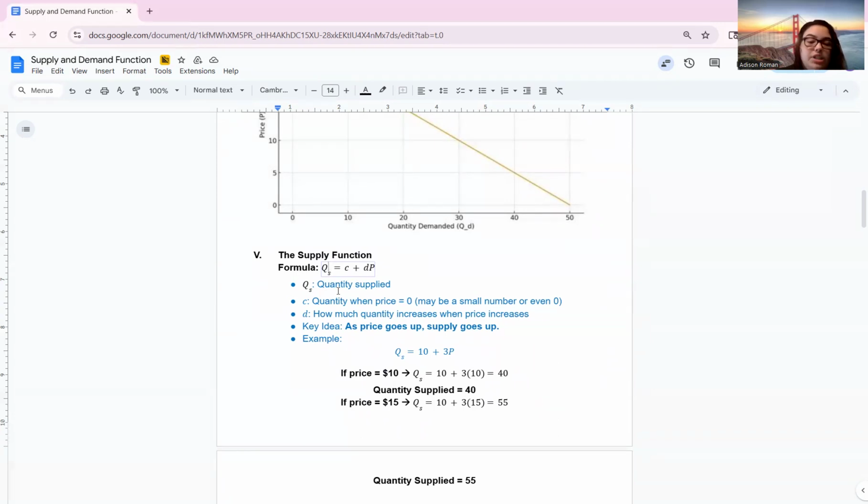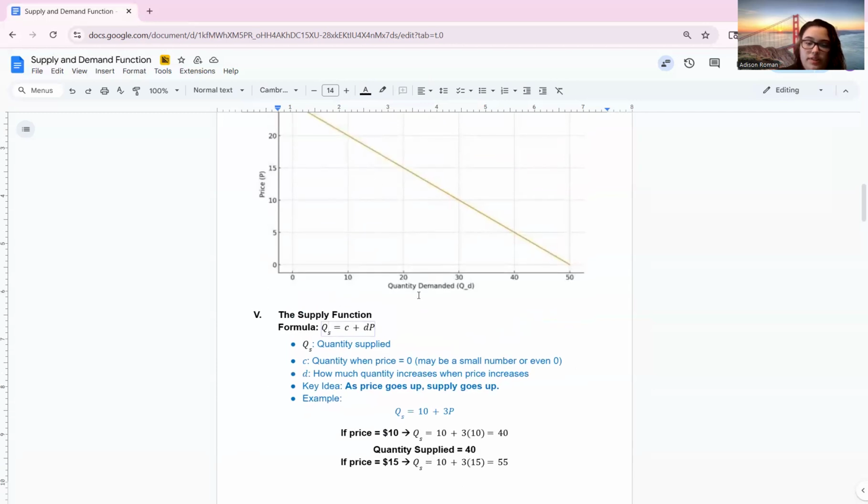For supply functions, these numbers are going to be pretty small or even close to 0. And then our D is going to equal how much quantity increases when price increases. So again, that is going to be our rate of change, how steeply that line is going to be going up on our curves here.